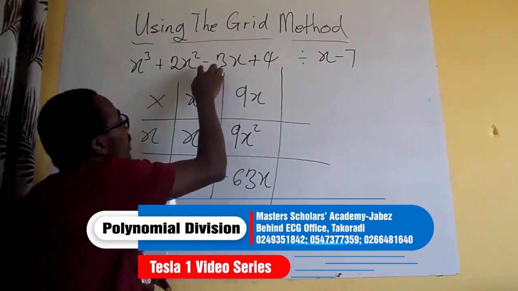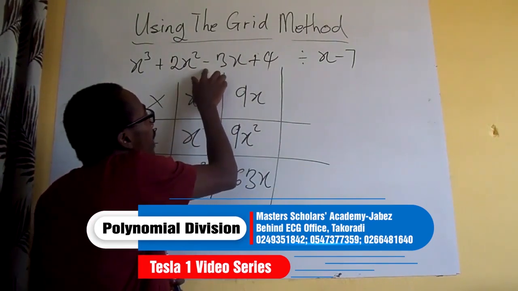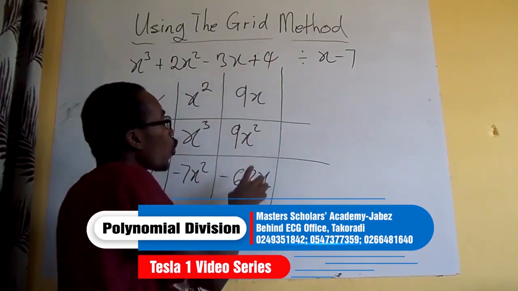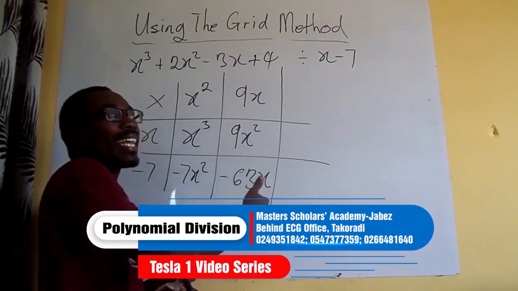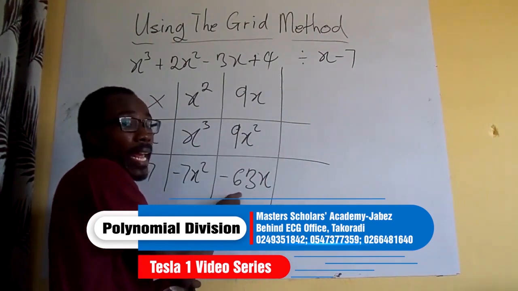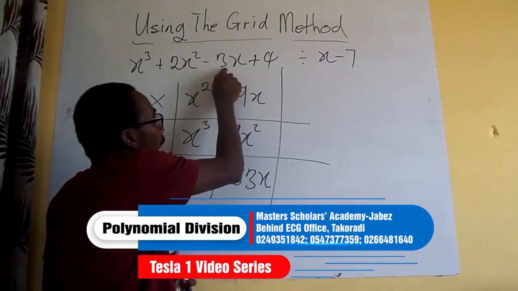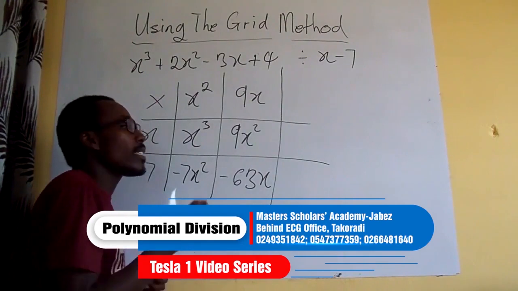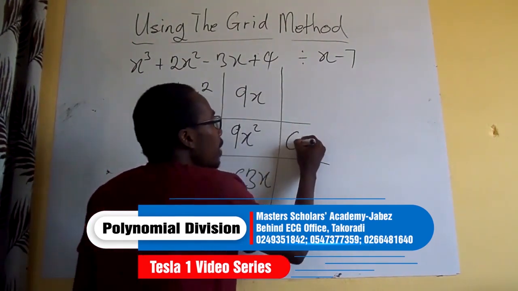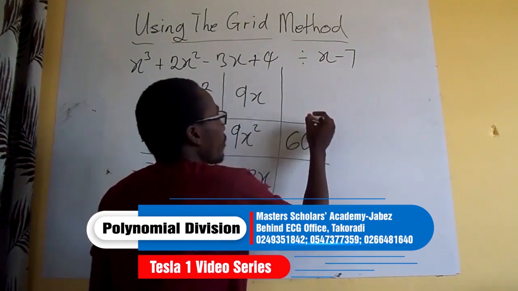But the next term in this dividend is what? Minus 3x. So you are also looking for a number to add up to this minus 63x in order to get minus 3x. You realize that the most appropriate will be positive 60x.